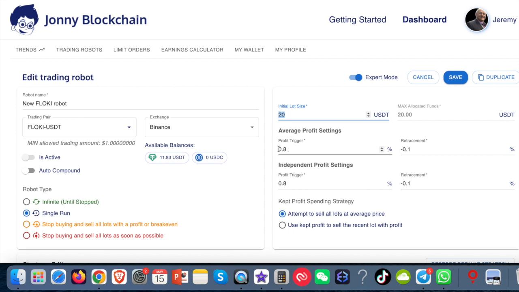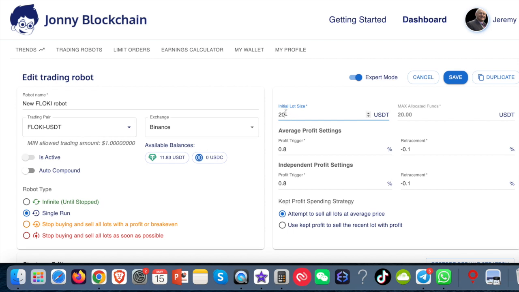So this means it's a trigger point when it knows it's got you 0.8% in profit after trading fees or blockchain fees. Okay, so bear that in mind. Now, if you're trading with a bigger amount than $20, then the price doesn't have to move that much. It can move a lot less because you're trading with a bigger amount.